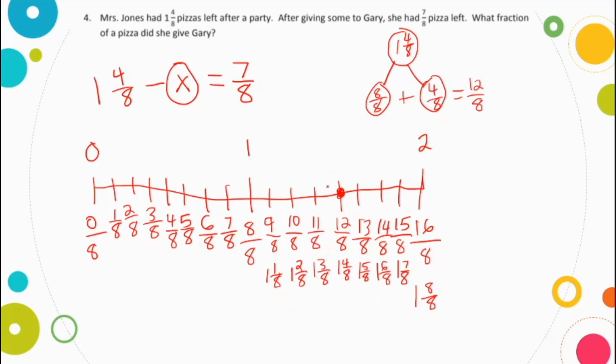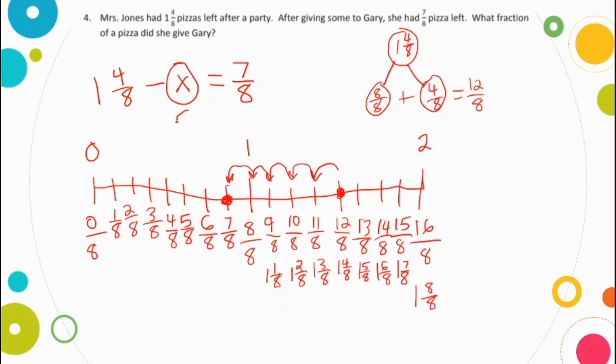All right, so it says minus x, whatever x is, equals 7/8. So we end up over here. So we need to find out how much is in between 7/8 and 12/8. So again, we can do this by just simply counting and going 1/8, 2/8, 3/8, 4/8, 5/8.